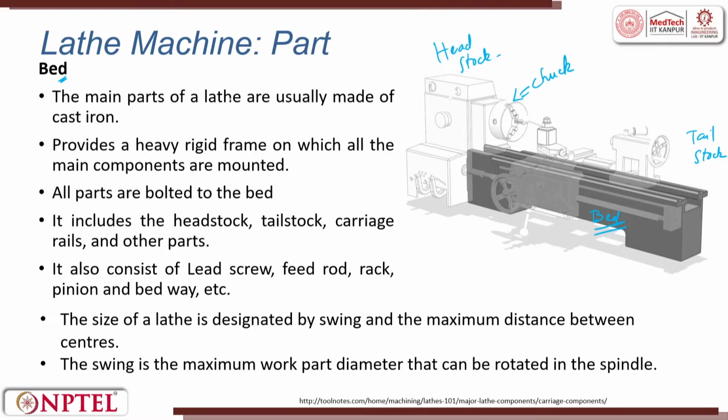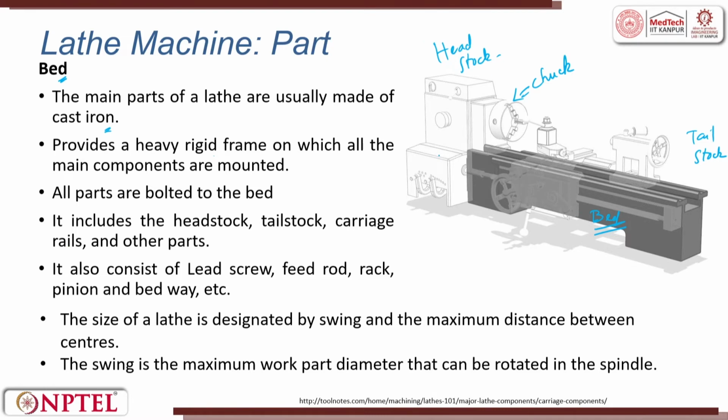The main parts of a lathe are usually made of cast iron. This is the bed. Right. It provides a heavy rigid frame on which all the main components are mounted. All the parts are finally bolted to the bed.